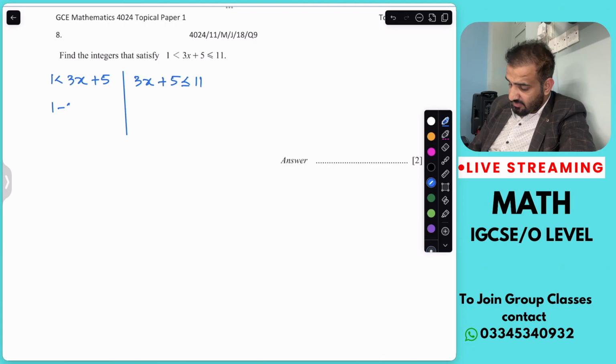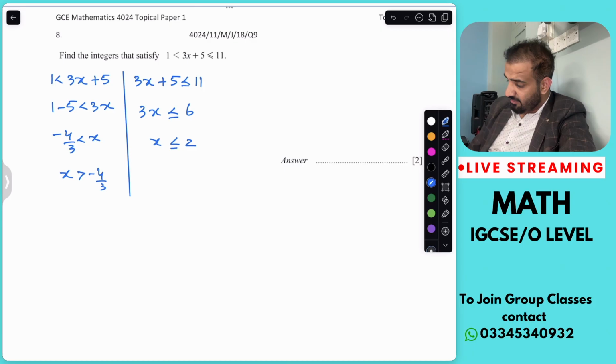So 1 minus 5 less than 3x, so minus 4 over 3 less than x, which is minus 1 point something. 3x is less than or equal to 6, x is less than or equal to 2. Make a number line. So 2 has a solid dot.